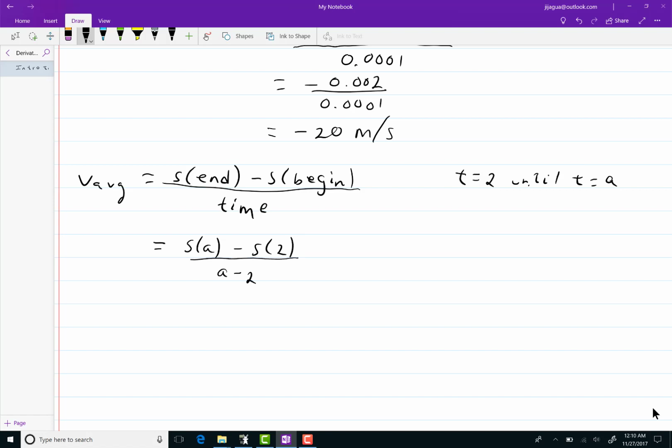Now if you'll notice, we were going from t equals 2 and a was 3, then t equals 2, a was 2.5, t equals 2, then a was 2.1. We kept shrinking a closer and closer to 2.